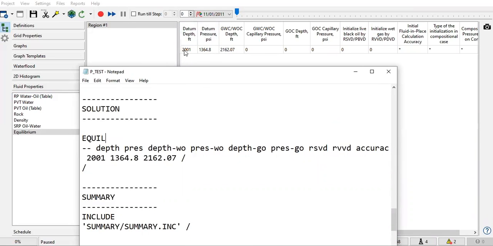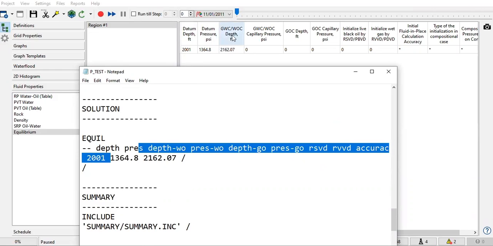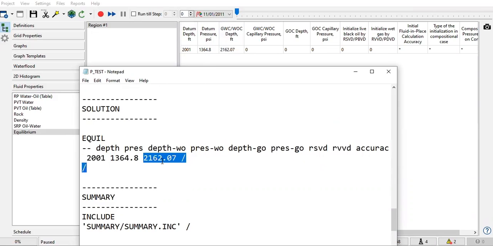The depth, 2001, and then datum pressure, 1364, and then the water oil contact at 2162, and everything will be set or populated with defaults if you close with a slash. So basically 0 0 0 0 and then other stars.